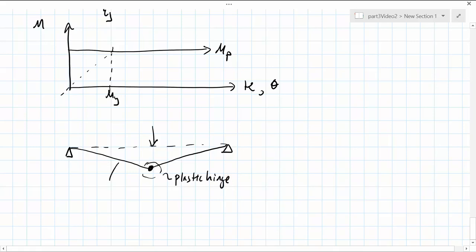The connecting sections remain rigid, and there is a corresponding central displacement that is always measured directly underneath the load P. The deformations are then measured by the angles theta and at the plastic hinge 2 theta.